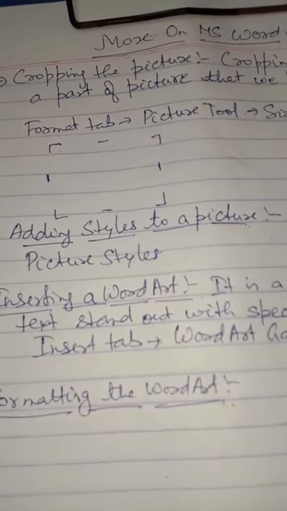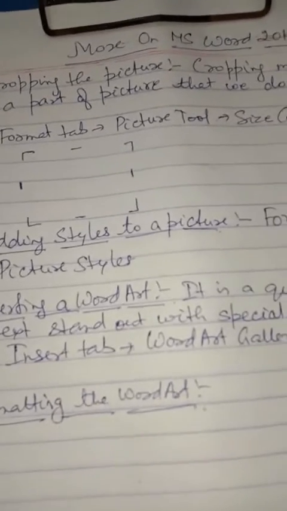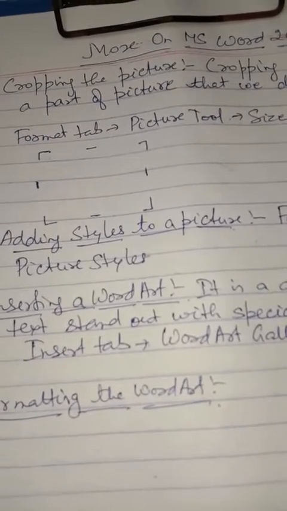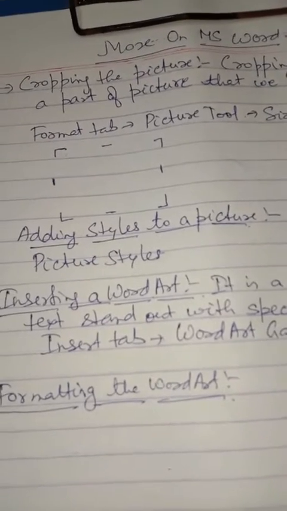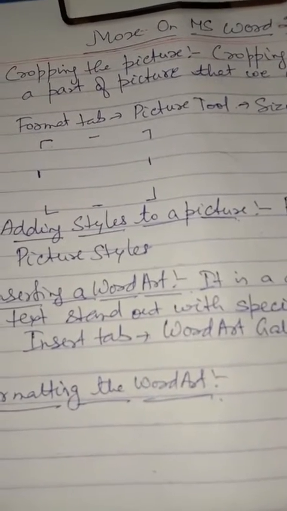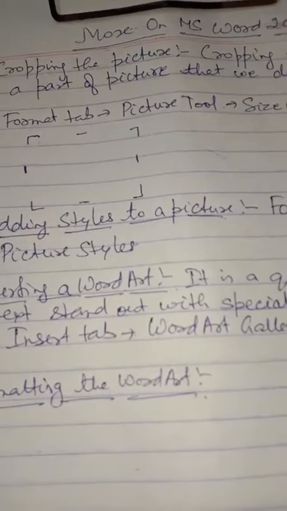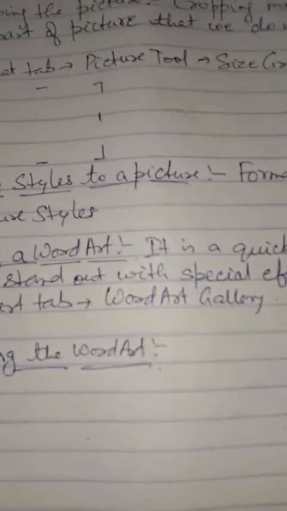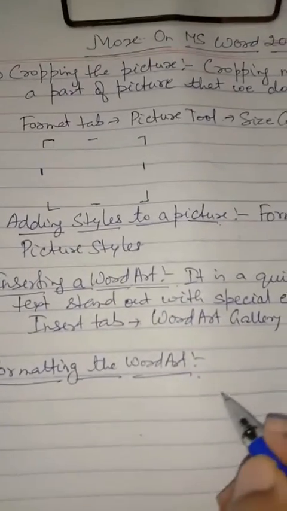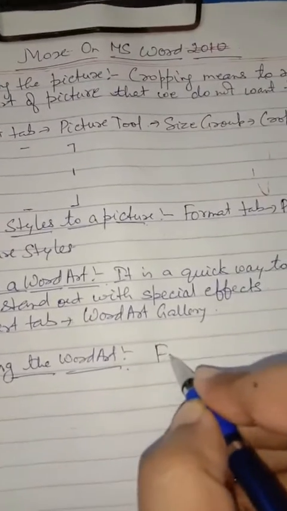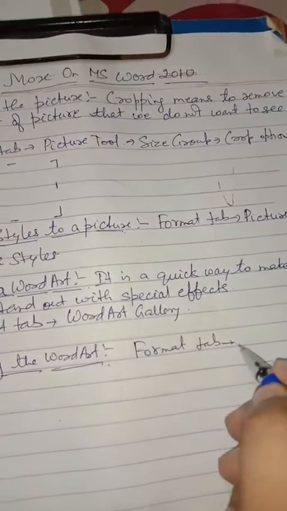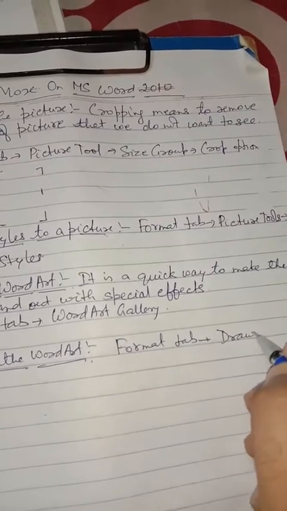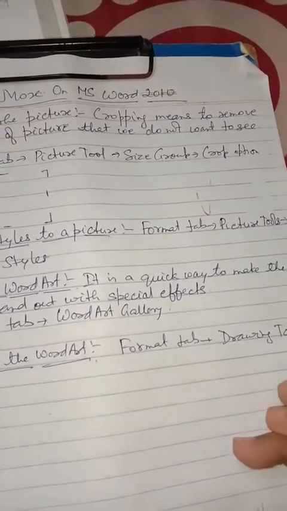We can change the Word Art colors, outline colors, format the text, etc. All these different options are available on the Format tab under the Drawing Tools. So remember, all these things for formatting the Word Art are available under the Format tab, under the Drawing Tools.